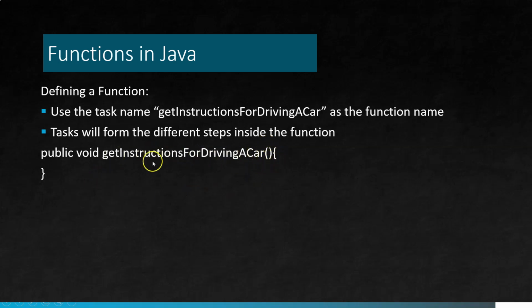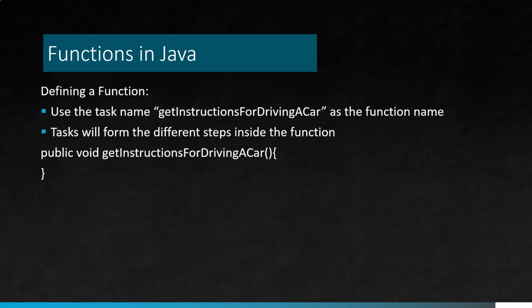Inside the curly braces is the block of code which will execute this function. These will be all your steps which form your function. Public makes it accessible throughout your code, so you can access it anywhere. And void means it will not return any value.